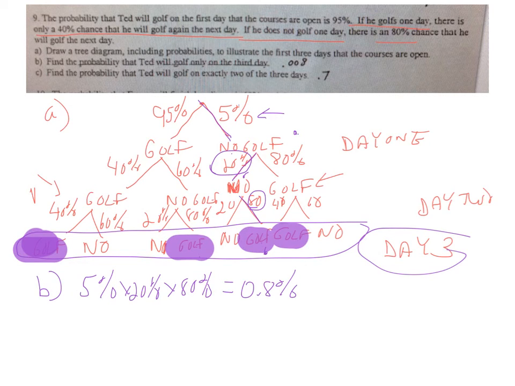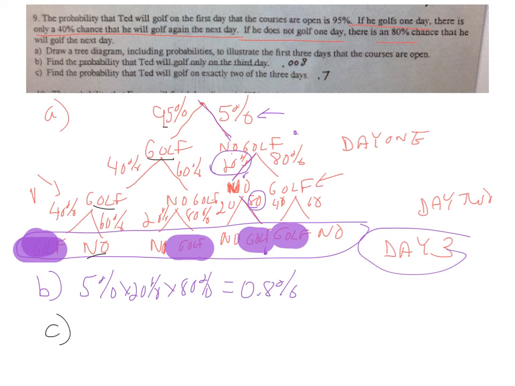So now if we look at C, and it says the probability that he will golf on exactly 2 of the 3 days, that's where we have to go back and find each branch that has just 2 golfs in it. So for instance, golf, no, golf, that's one of the ones that we want.